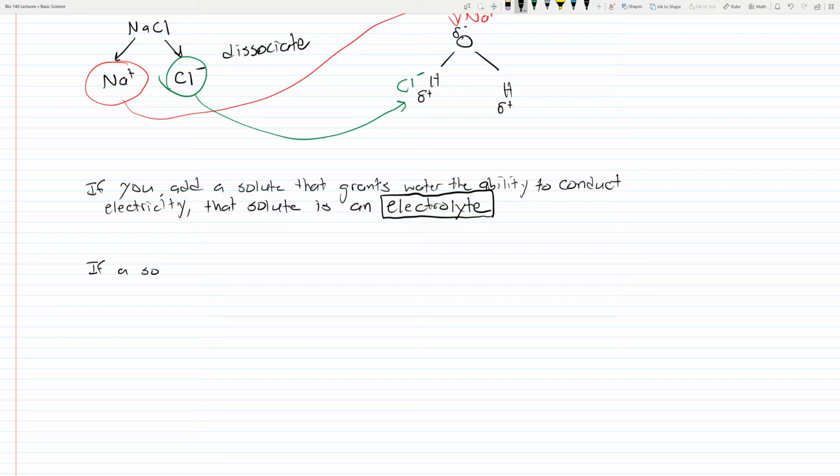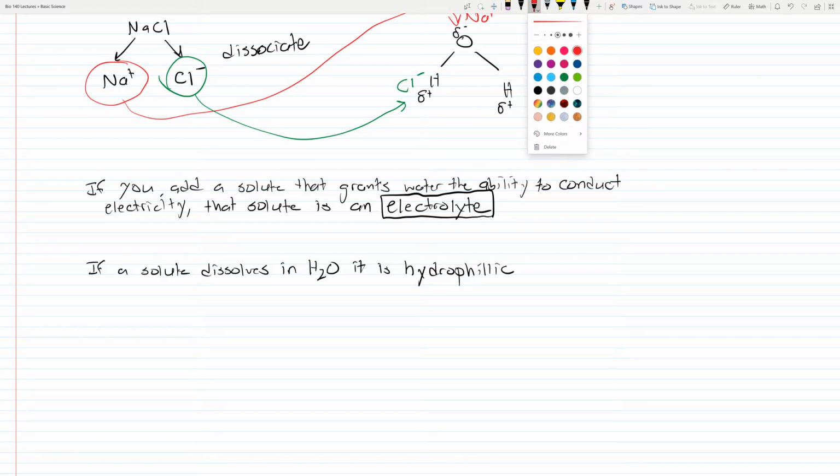If a solute dissolves in water, it is hydrophilic, and this means it is water loving. So it loves the water.